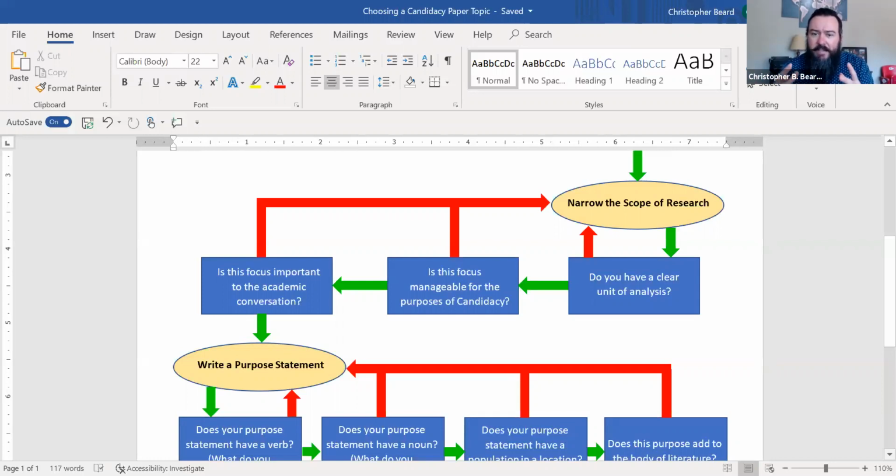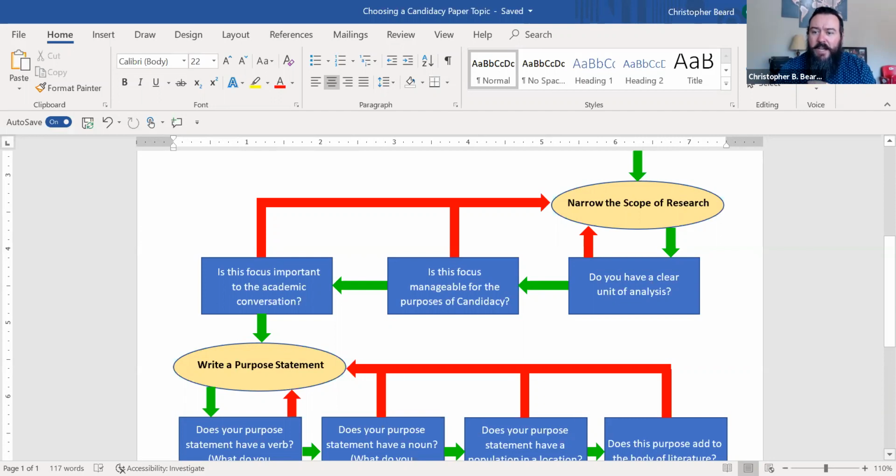And then the second thing is, is it manageable? It says candidacy here, but it can also apply to your dissertation or other assignments as well. Manageability is a very important aspect of the topics that we choose. As Dr. Crumpton so aptly shared with me early on in my process, you only need one dissertation.